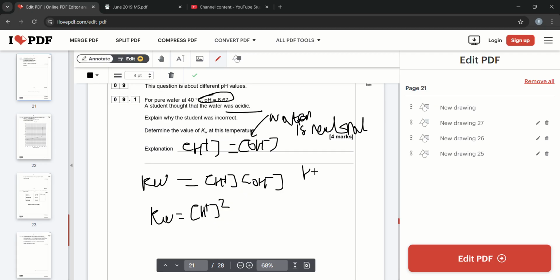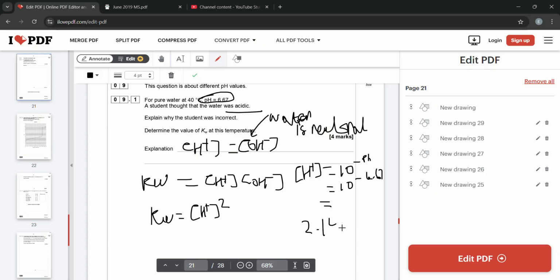Well, we know H+ equals 10 to the power minus pH, which is equal to 10 to the power of minus 6.67. That gives us an H+ value of 2.14 times 10 to the power of minus 7.